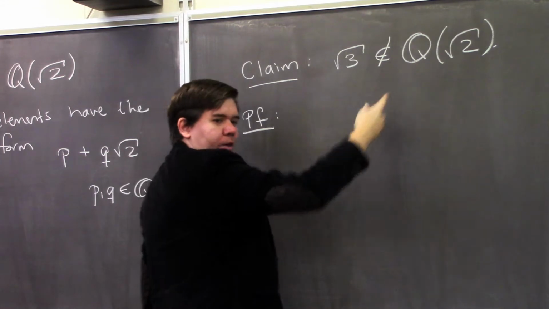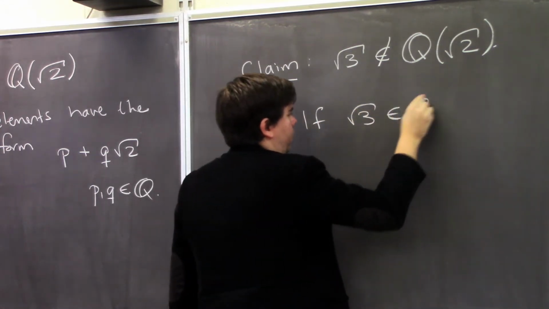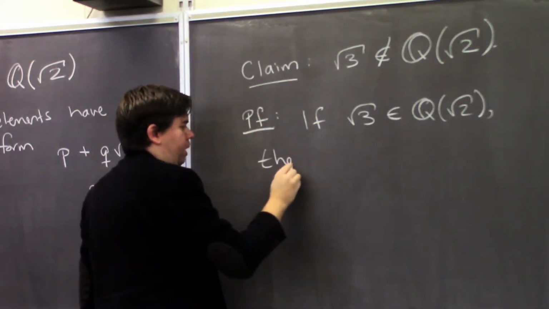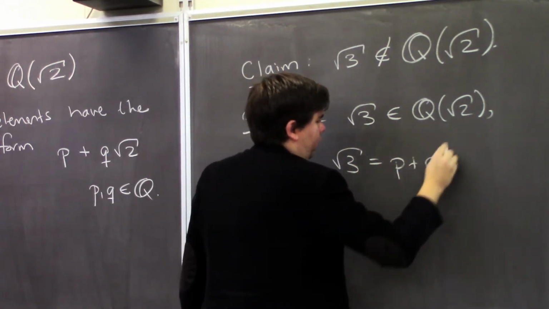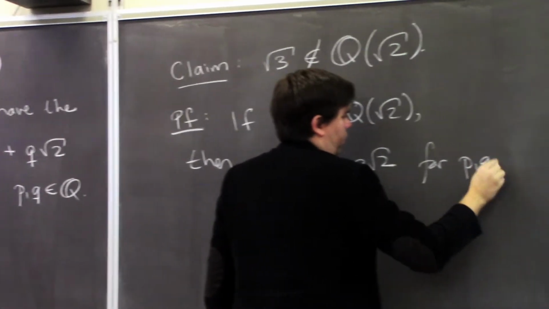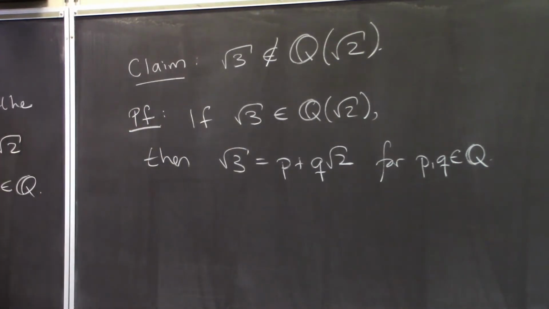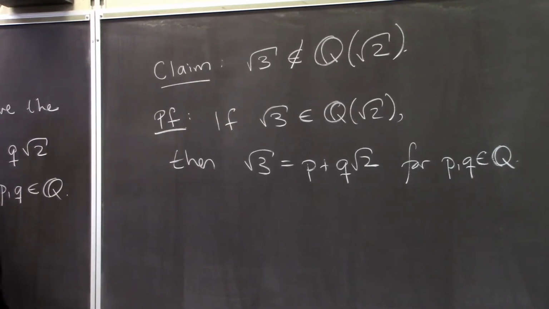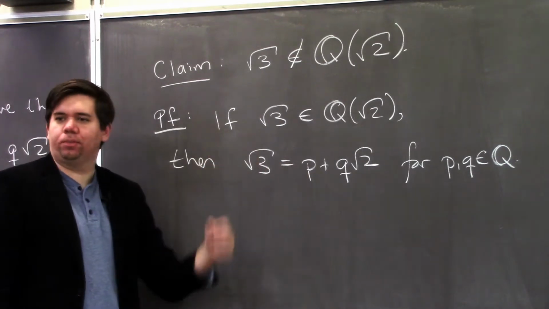Well, suppose it were in there. If the square root of 3 were in Q extended by the square root of 2, then it would have to be of the form: the square root of 3 is equal to some rational p plus some other rational q times the square root of 2, for some p and q rational. Okay, what should we do now? Well, let's just do some algebra, right?